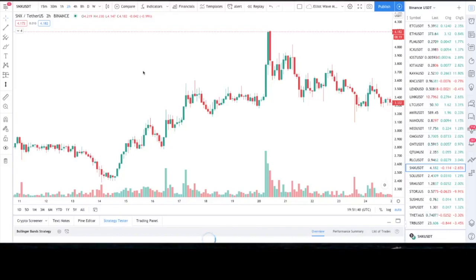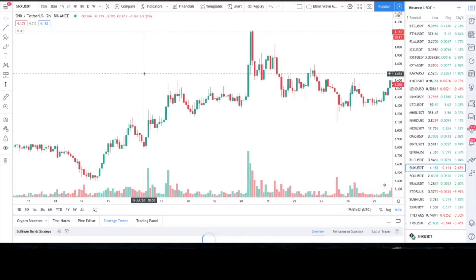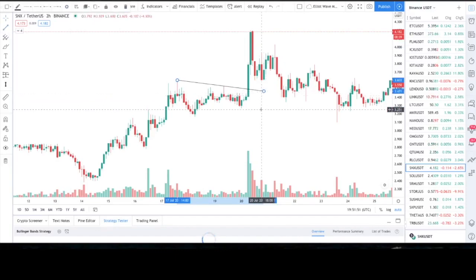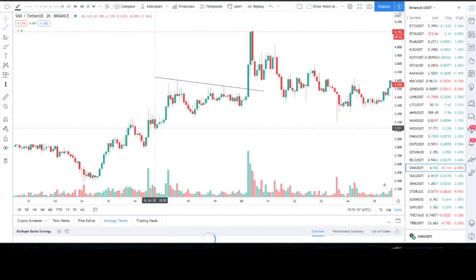Here's another good one here on the SNX 2-hour chart. So probably draw it in. These two here look quite nice, something like this, and the bottom one something like that.